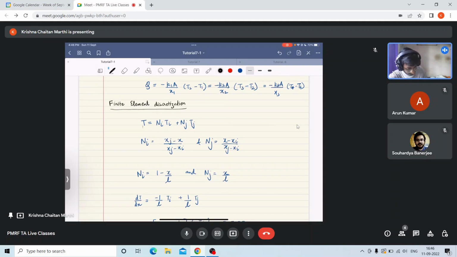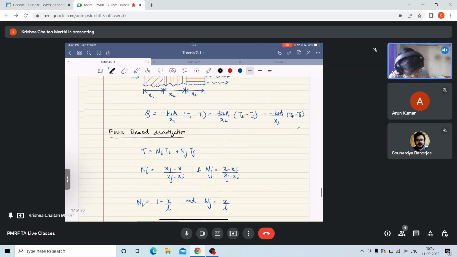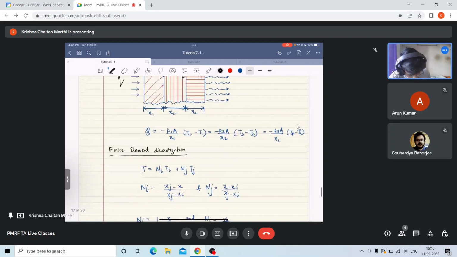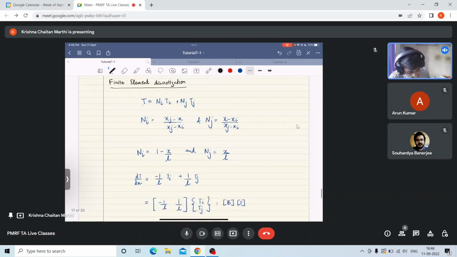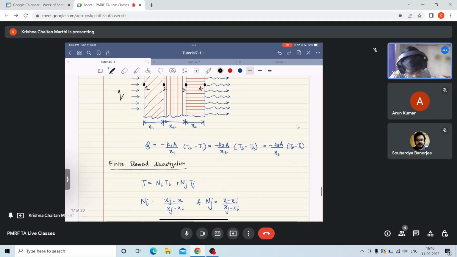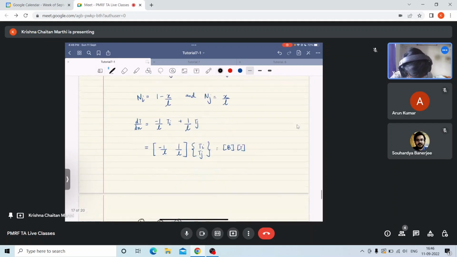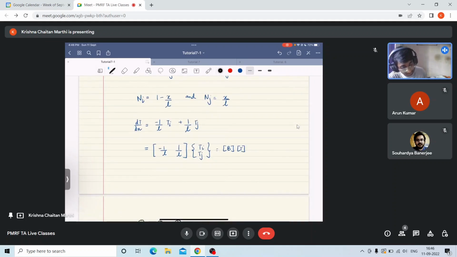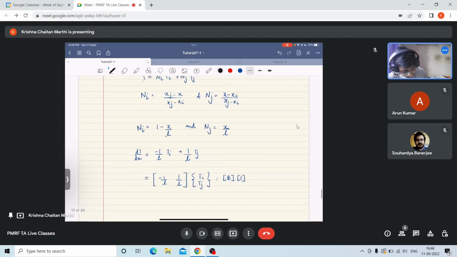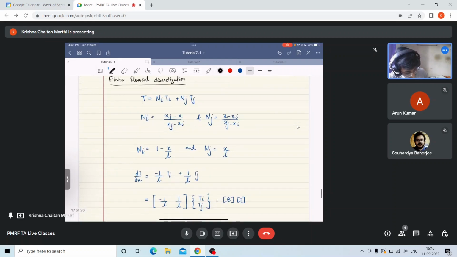So what will be my Ni for the first element? My Ni will be 1 minus x by L, and my Nj will be x by L. So what will be dT by dx? dT by dx will be minus 1 by small l. So here l is my element length. Okay.